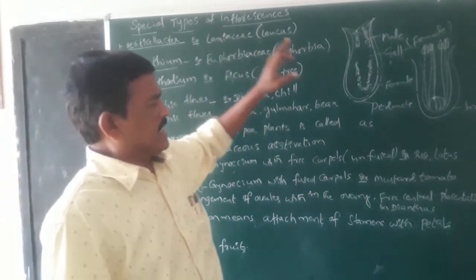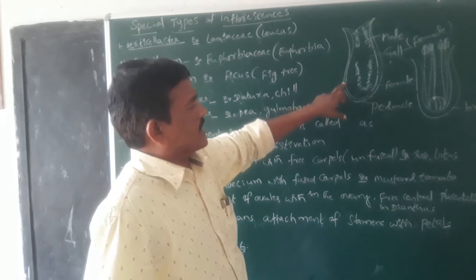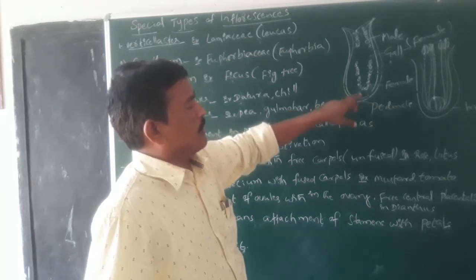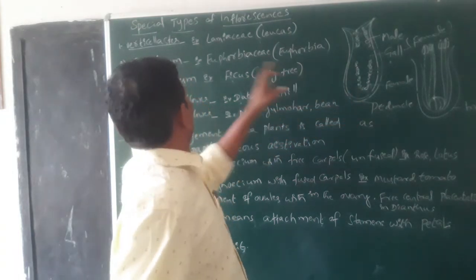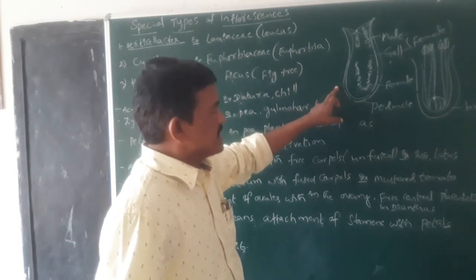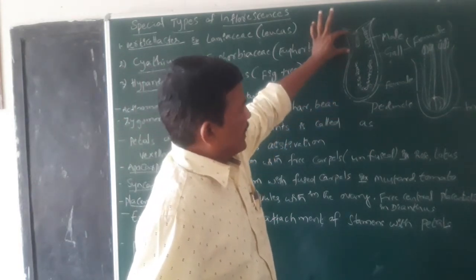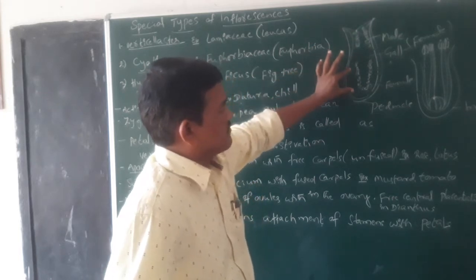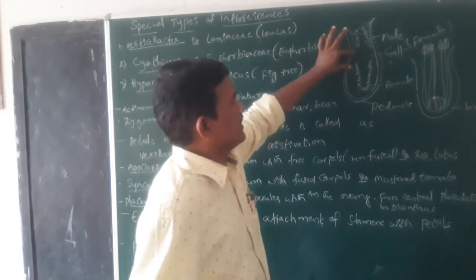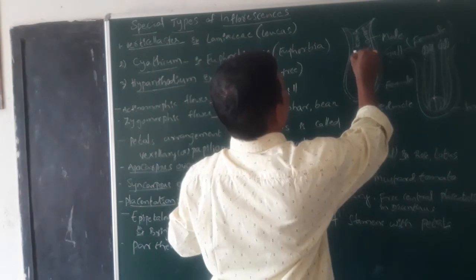Inside the cup-like structure developed from the peduncle in hypanthodium inflorescence, it bears male flowers at the opening, female flowers on the lower side, and also sterile gall female flowers between these two.